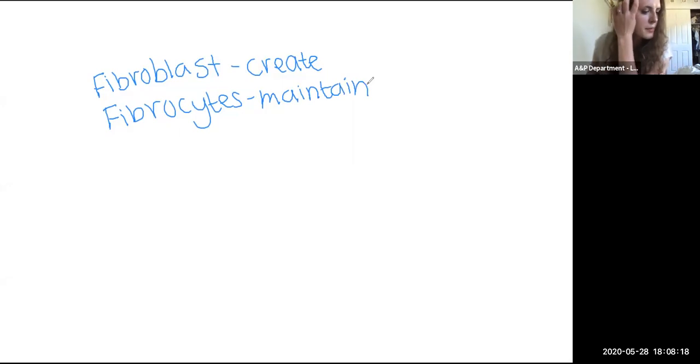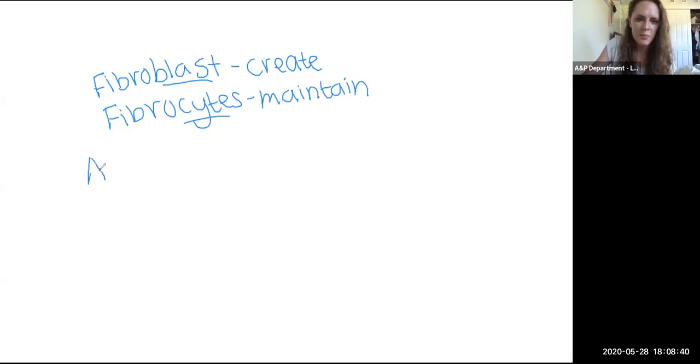Okay, so fibroblasts produce and create the matrix. Fibrocytes maintain your matrix. Okay, so blast means create, cytes means a mature cell, but what they do is they maintain what those fibroblasts created.